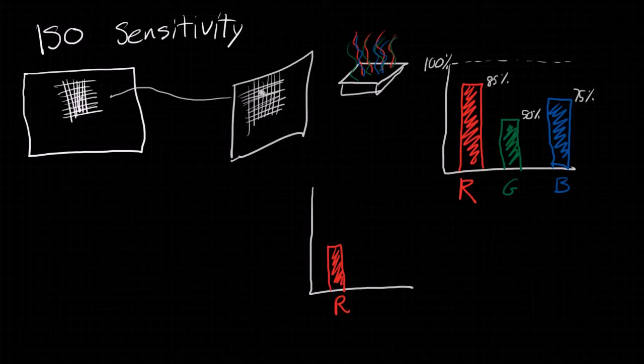It's a much dimmer photo, not as much light available, only this much green, and maybe this much blue. So, as you can see, this graph looks relatively similar to this graph. It's just that it's a lot dimmer. There's not quite as much light coming in.